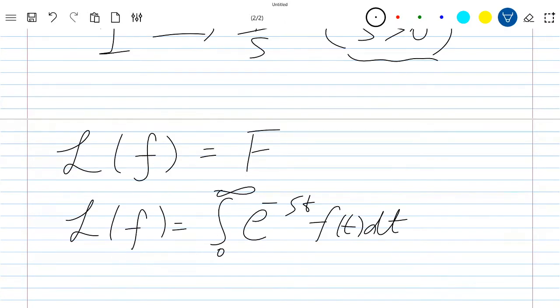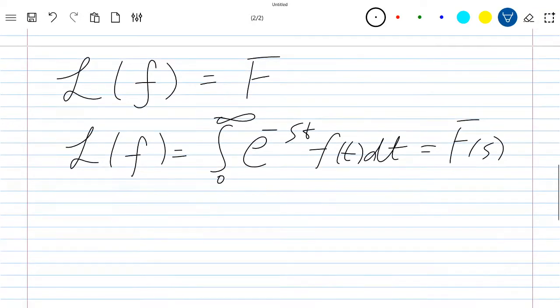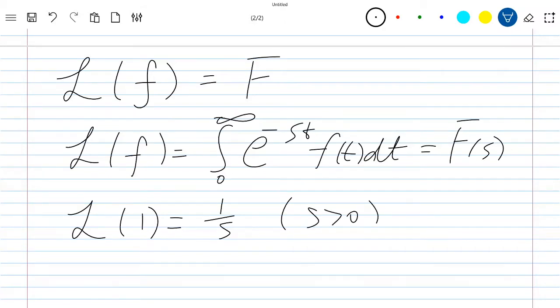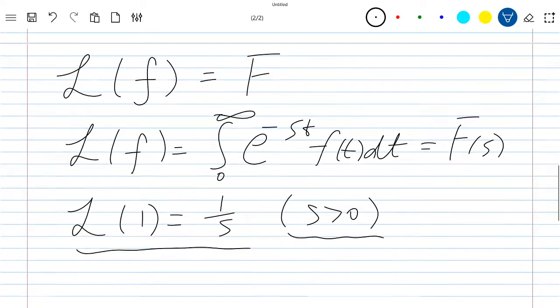The output is a function of s. In this notation we can say L of 1 equals 1 over s, and the condition is s is greater than 0, but usually we will omit that and just say this is true for sufficiently large s.